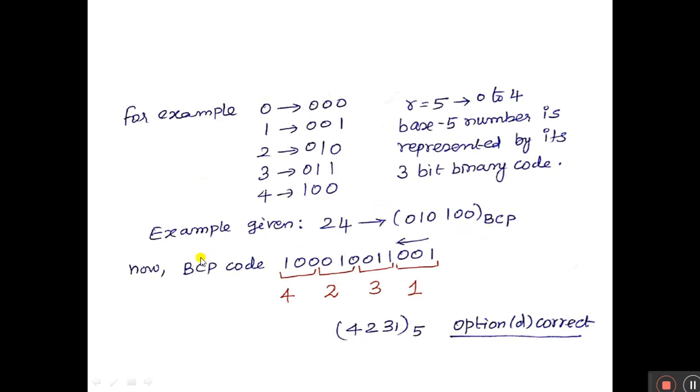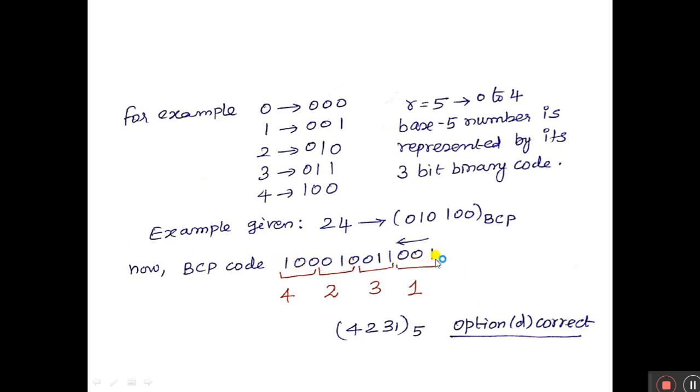So accordingly, as per the question, they are asking to calculate the number for this BCP code. Right? So I am splitting this code from the right extreme as 3 bits. So I split as 100, 110, 010, 001.